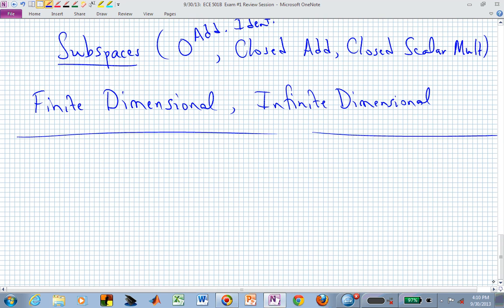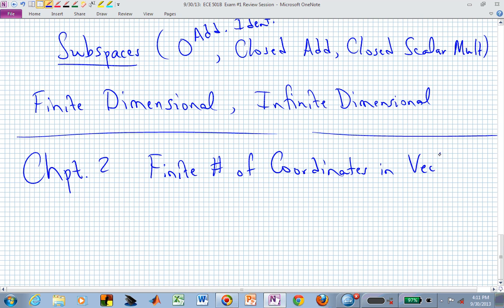Obviously, in this book we start restricting our attention to finite dimensional vector spaces, and that's chapter 2, which really means that we have a finite number of coordinates in these vectors that we are using to represent these vector spaces.